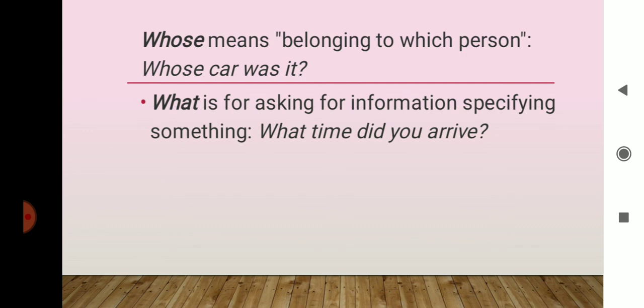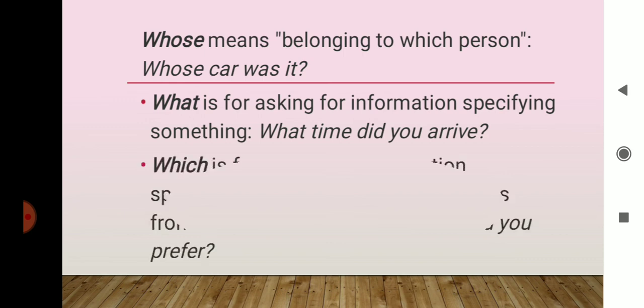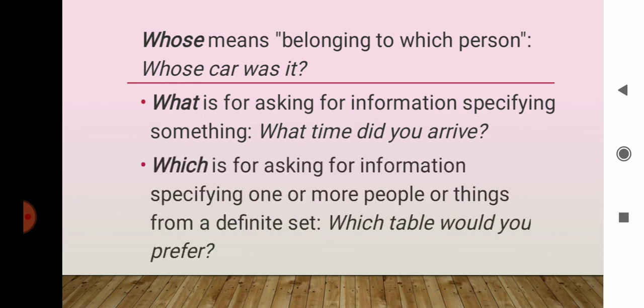What is for asking for information, is specifying something. What time did you arrive? Which is for asking for information, is specifying one or more people or things from a definite set. For example, which table would you prefer?